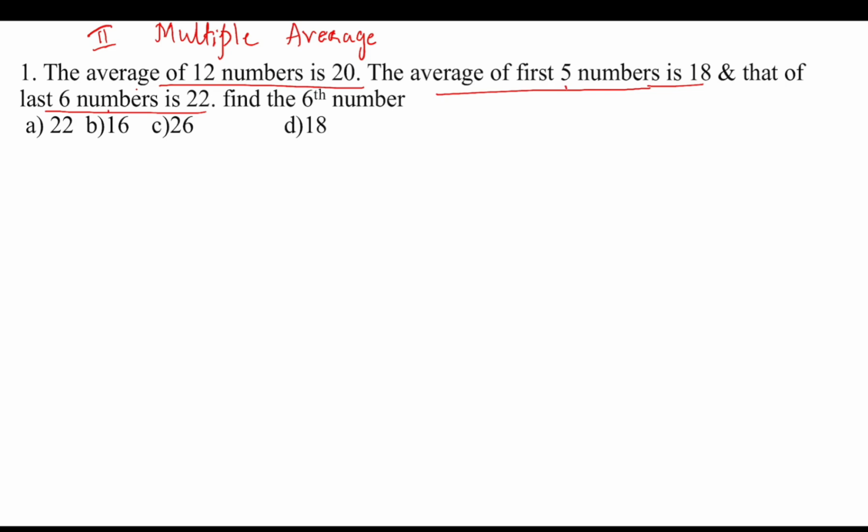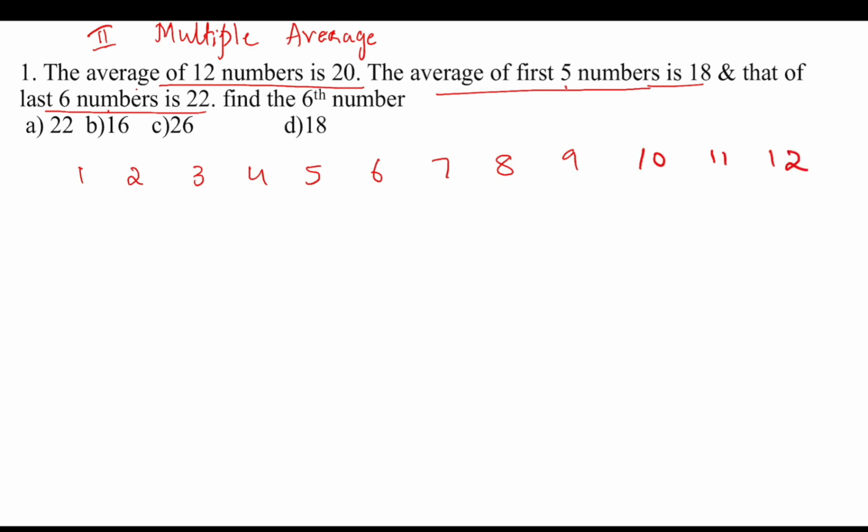To solve such problems, we can use a short trick or deviation method. Basically, how we solve this problem: there are 12 numbers, isn't it? So 1, 2, 3, 4, 5, 6, 7, 8, 9, 10, 11, 12.